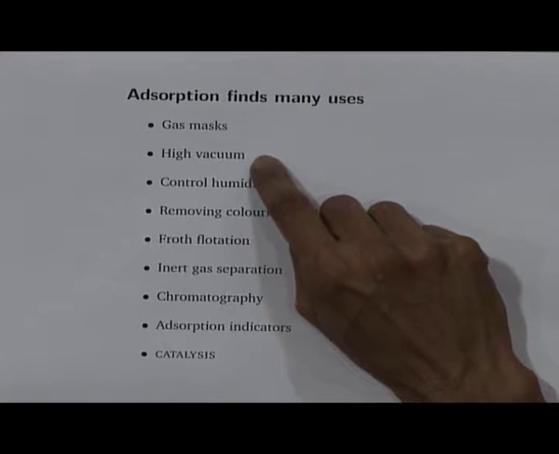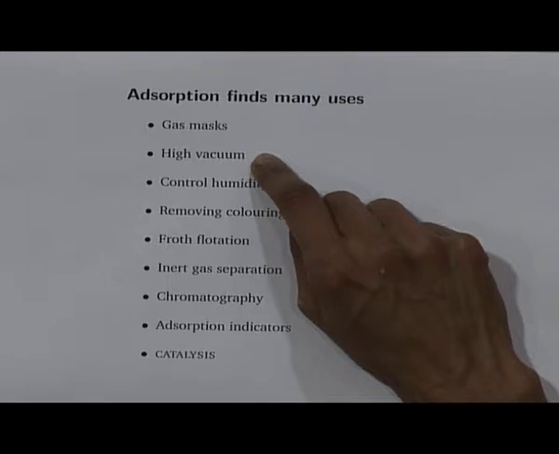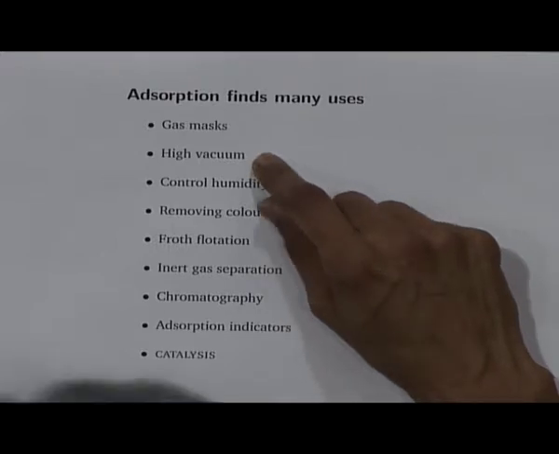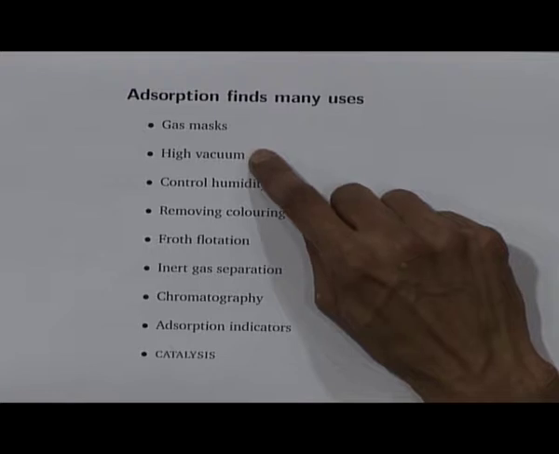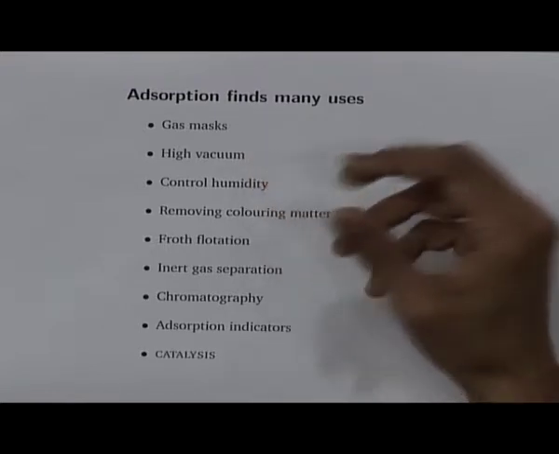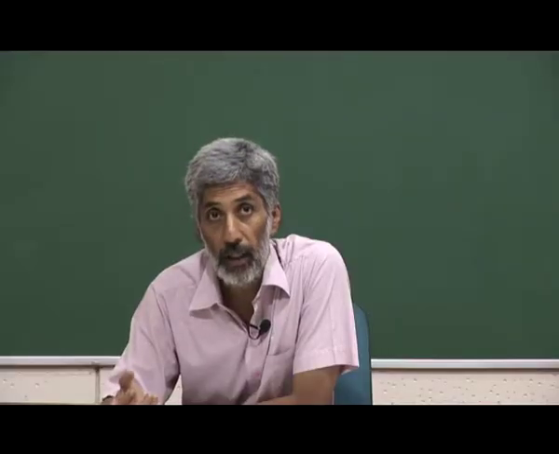We already said that if you want to study surfaces, you need a very high vacuum, called ultra high vacuum. To create a high vacuum, one of the ways is to have an adsorbent in the chamber that you want to evacuate.